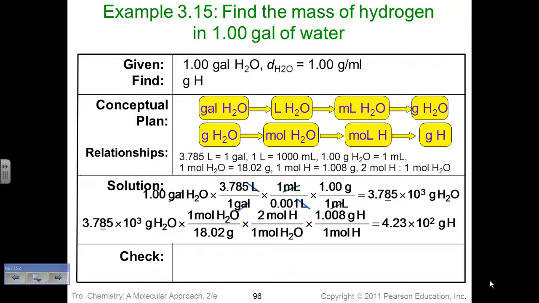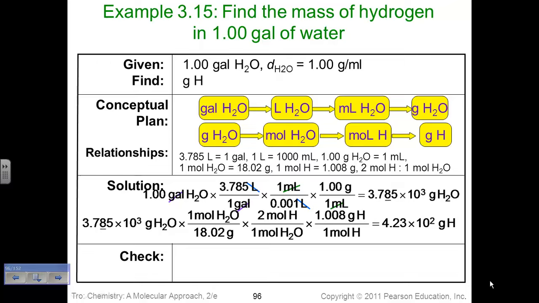And the 1.008 grams is the atomic weight of hydrogen, telling us out of the 3,785 grams of water, hydrogen is contributing 423 of those grams. 4.23 times 10 squared is written in scientific notation, but that's the same as saying 423 grams.